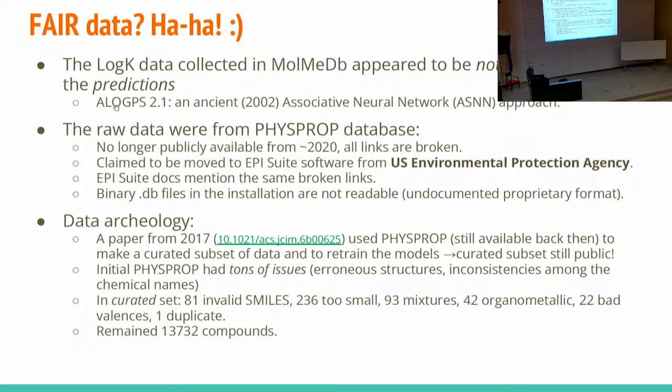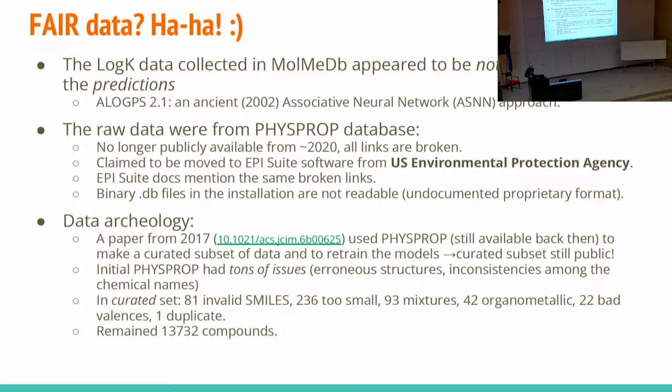It was from a very ancient 2002 neural network model which was predicting permeability, and the data in the database were actually predictions. It's the same story as when you are using AI trained on AI-generated text: it degrades. If you're using AI on AI-predicted values, you are getting something insane. It's close to 100%, but it's not true.